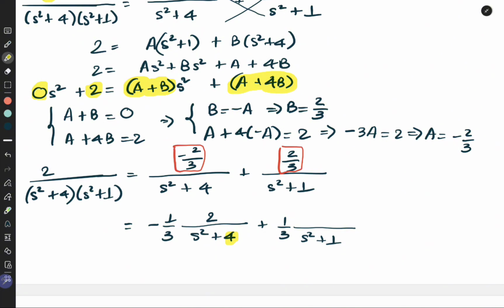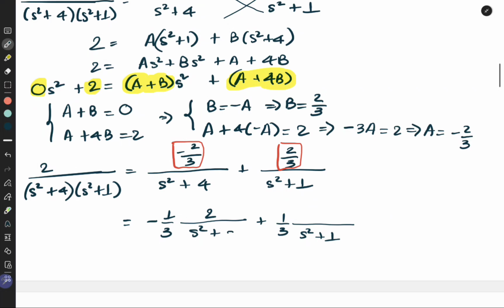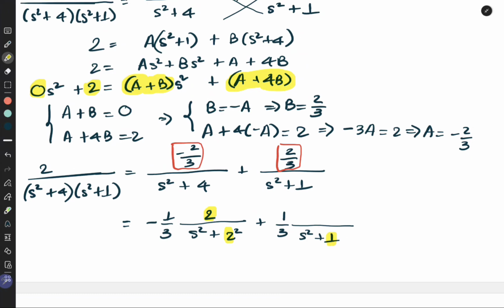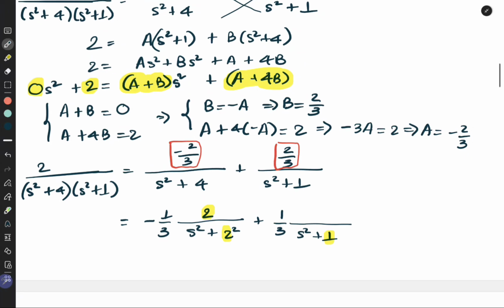I see that 4 turned out to be just 2 squared, and to match the formula for sine, I need a 2 over here. And the second one, I see 1 here, that is just 1 squared. Then to match the formula, I need 1 over here, and then 2 has to be outside.